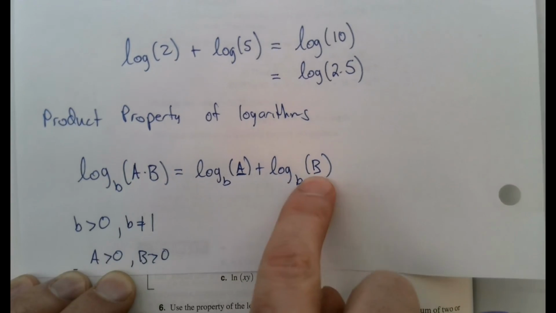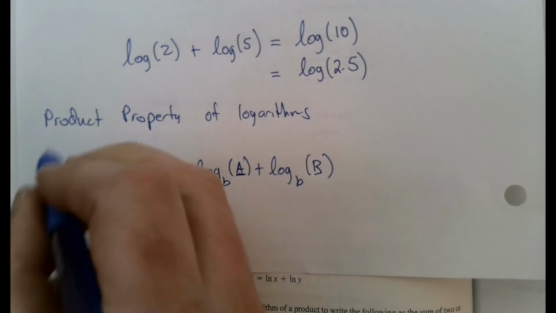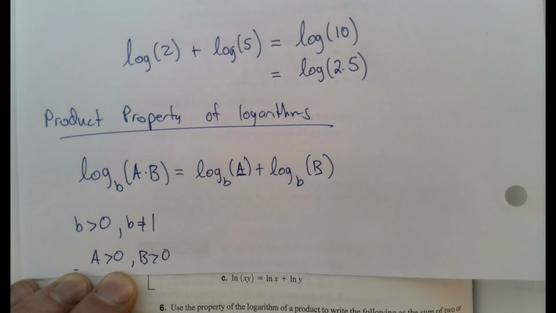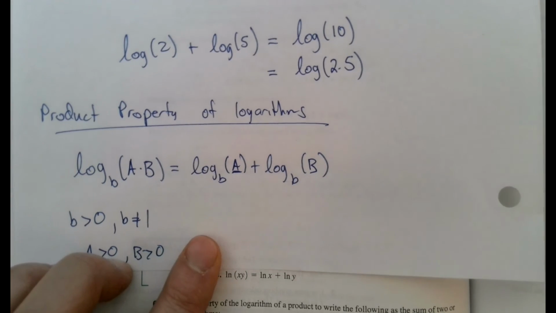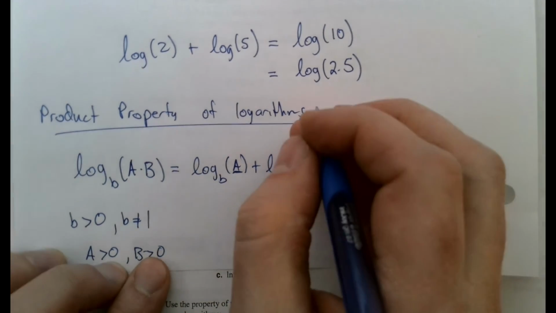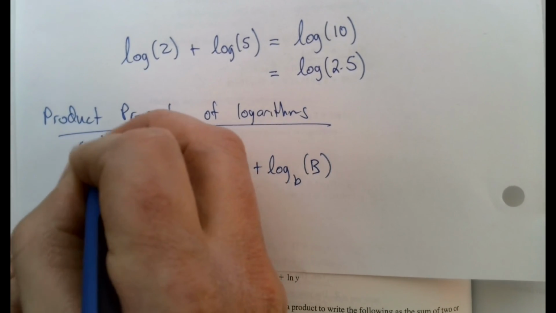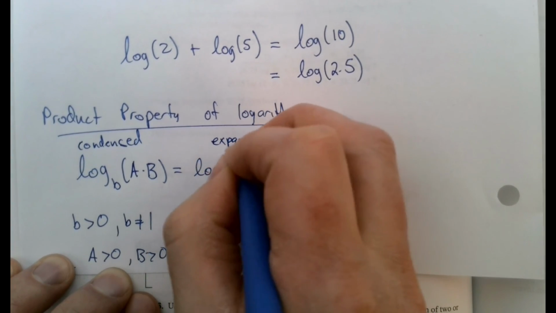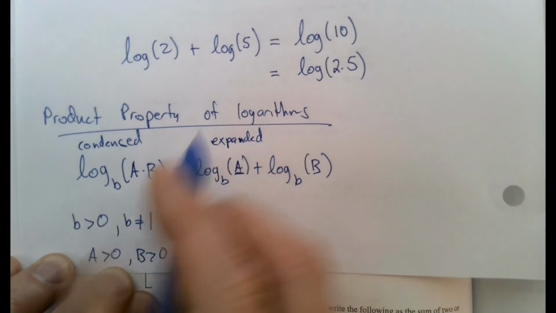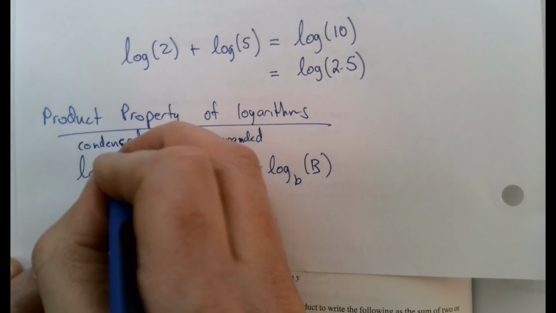So as long as everything's positive, this statement holds, and it's the product property of logarithms. It's a useful little property. Some other special words we use here. We call this left side the condensed side, and we call this right side the expanded side. And depending upon what we're trying to do, one or the other sides might be more useful to us.